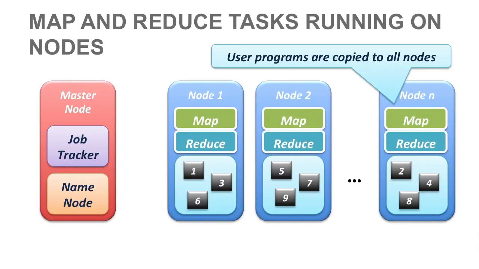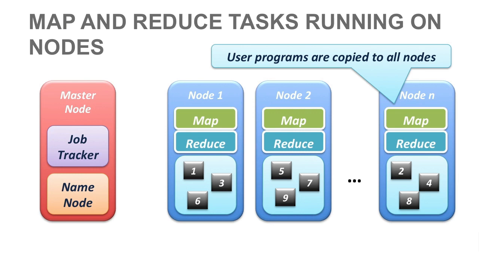If you think about how these map and reduce tasks run on nodes, we can examine a cluster. In this cluster, we have a set of nodes, here represented in blue. These nodes contain data, and these are our data nodes. On the left, you see the master node, which also has the name node. When you write a MapReduce program, the first thing that you will do is copy this MapReduce program to each of the nodes that contain data.